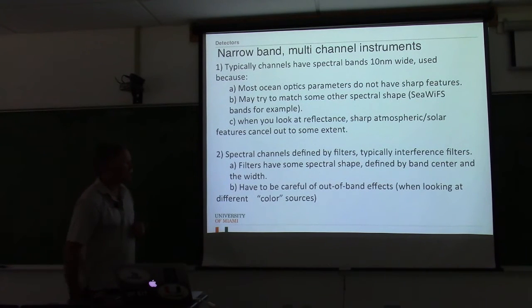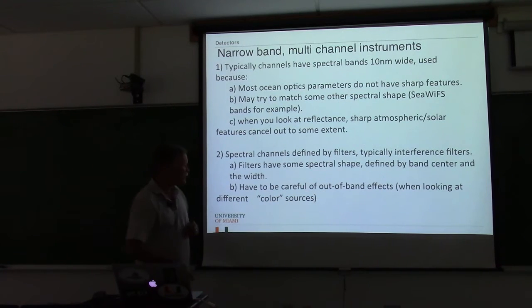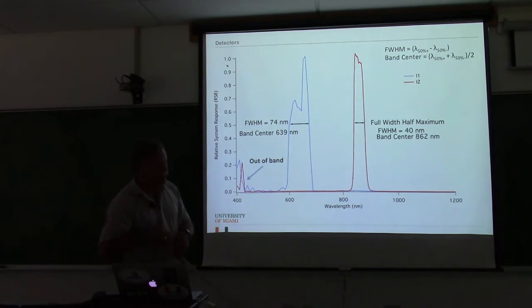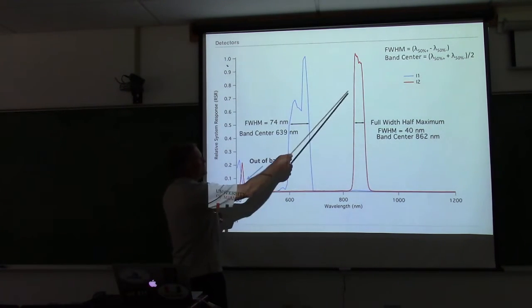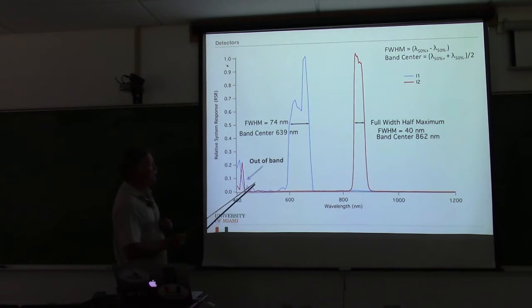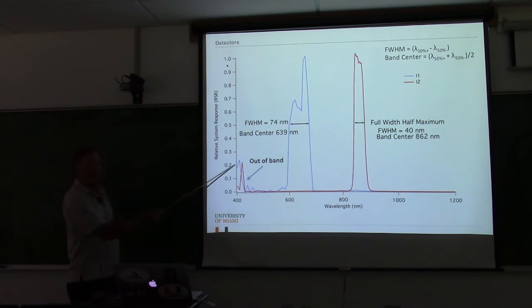They have some spectral shape defined by band center and width. When you're using one of these instruments, you have to be careful about out-of-band effects when you're looking at different colored sources, the world versus your calibration source. And I didn't point it out before, but this is the light that you typically want in the filter. And they all are going to have some sort of out-of-band response that you have to be careful of.